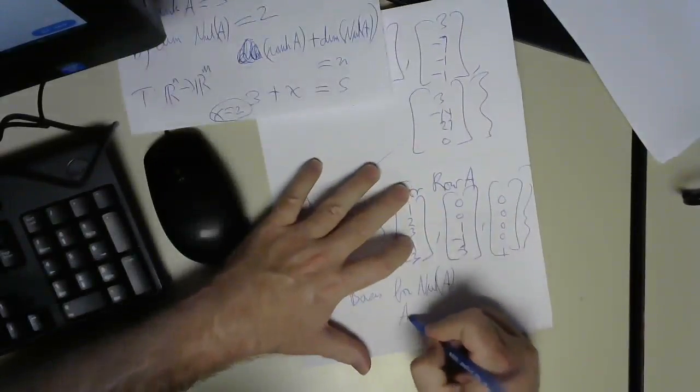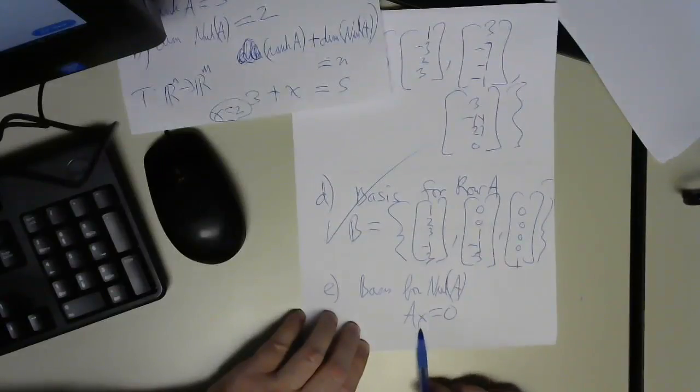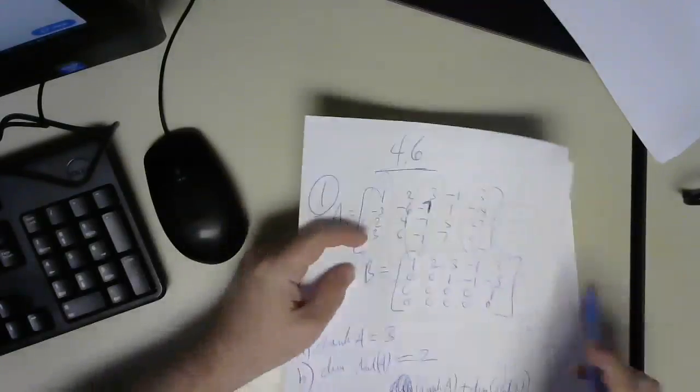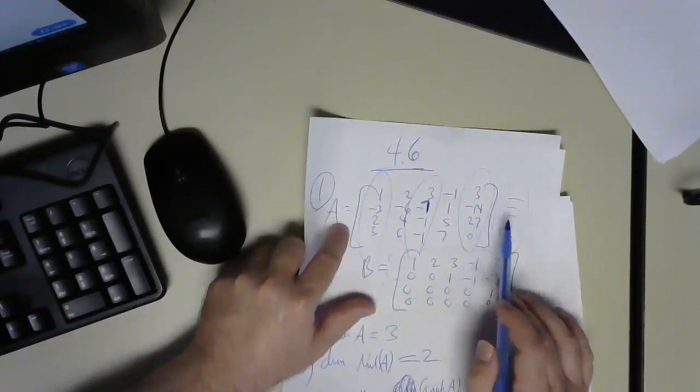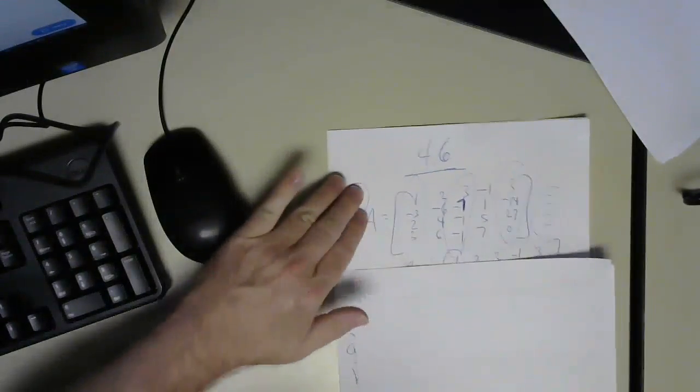Now remember, that's just a basis for the space that you get if you consider all the vectors that will satisfy this equation for x. Okay, so essentially I just need to take my matrix A, come up with a system of equations by making that last column a column of zeros. And then we'll see what the solution set is.